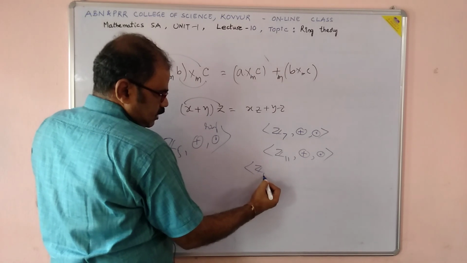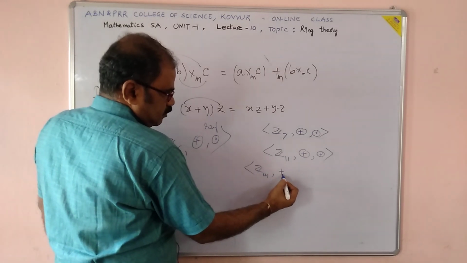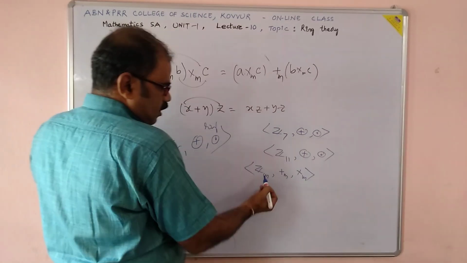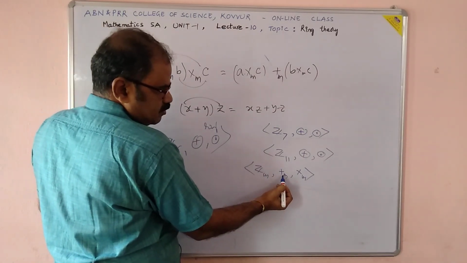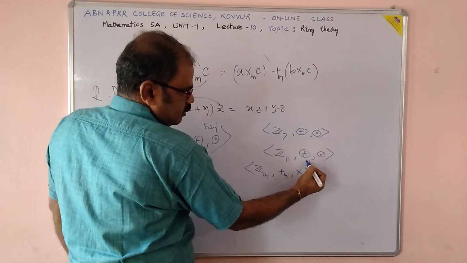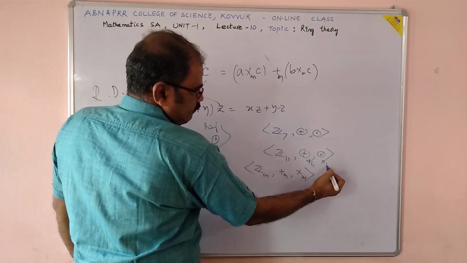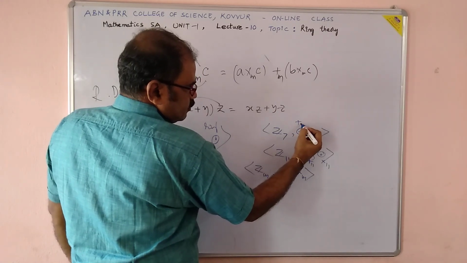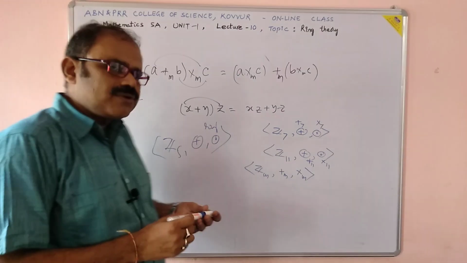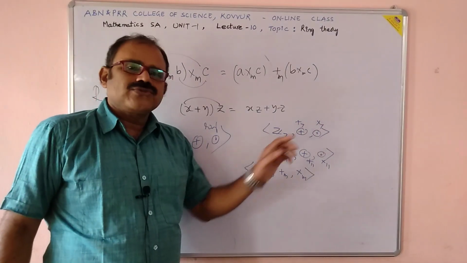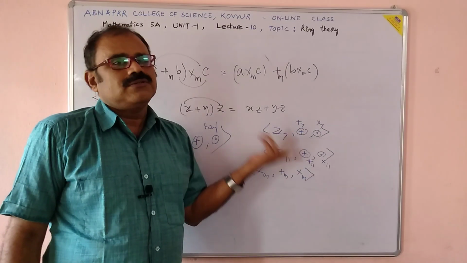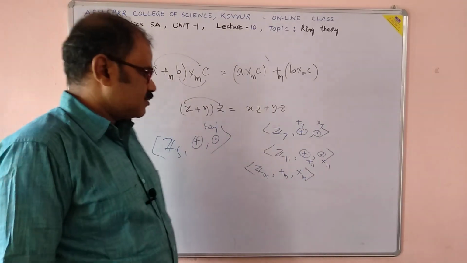In general, Zm, addition modulo M, multiplication modulo M. These are the binary operations. If this is 11, we have to choose addition modulo 11, multiplication modulo 11. This is 7, we have to choose addition modulo 7, multiplication modulo 7. Otherwise, they are not rings. If you choose like this only, the algebraic structures will become rings. If not, they cannot be rings.